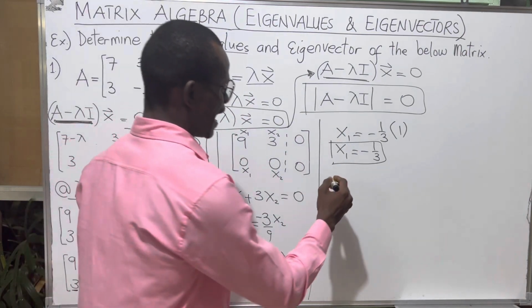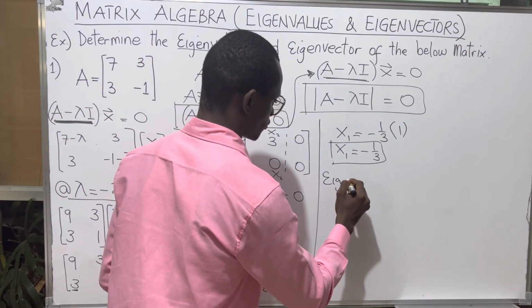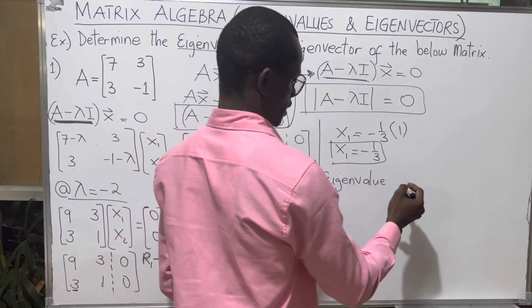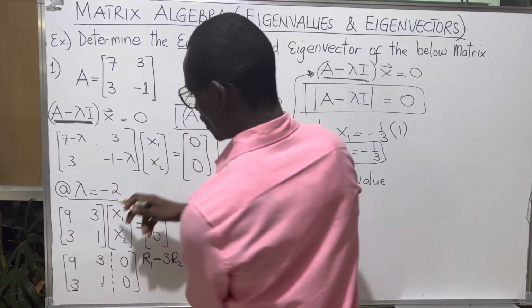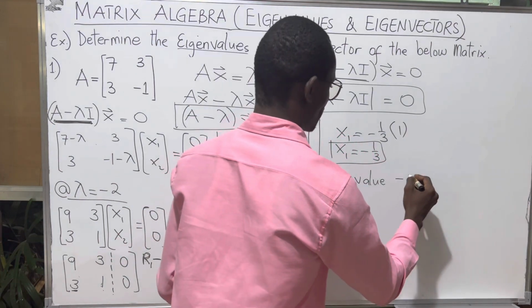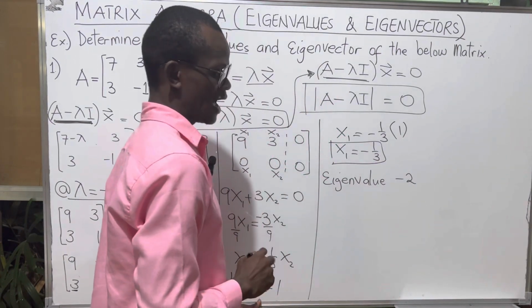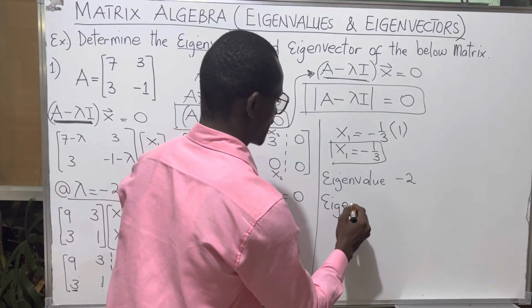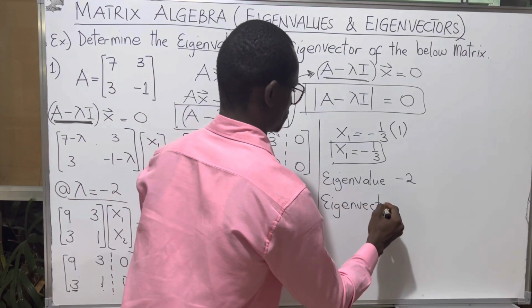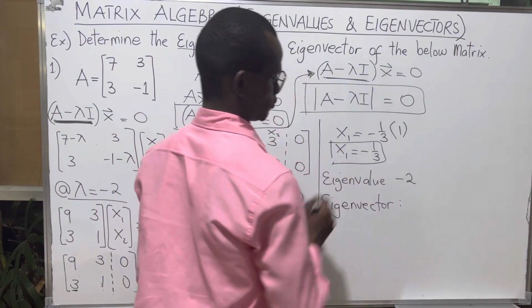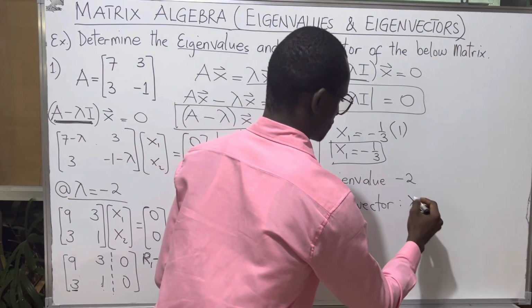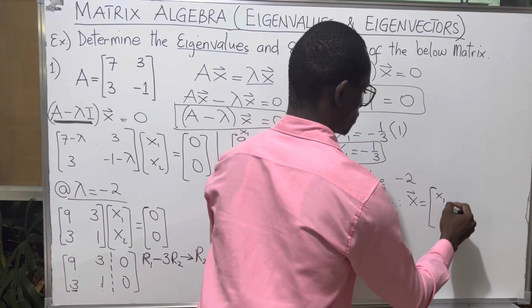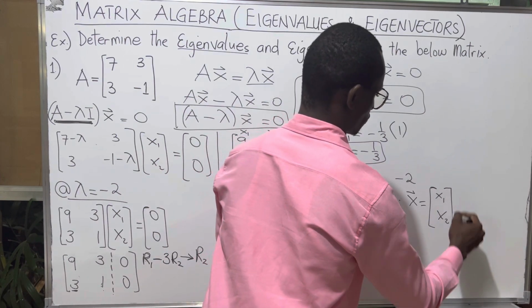So the eigenvalue minus 2 has its eigenvector to be x equals x1 and x2.